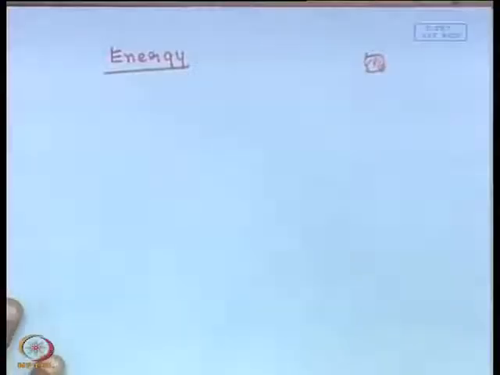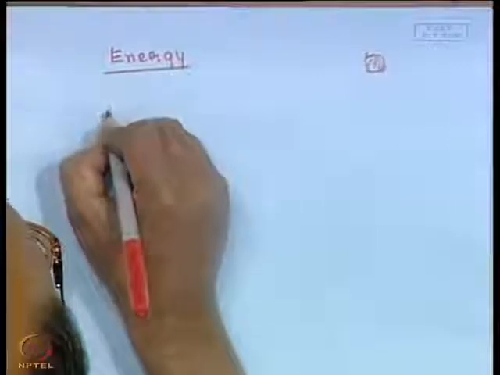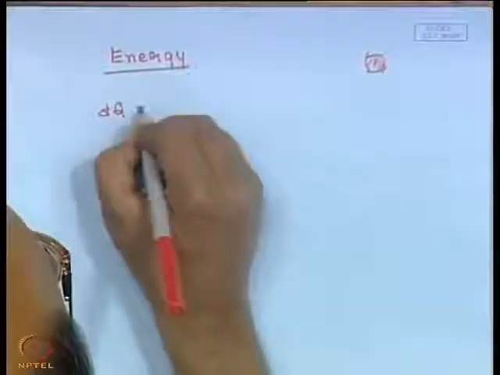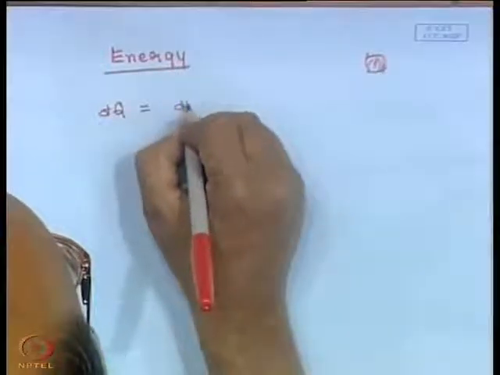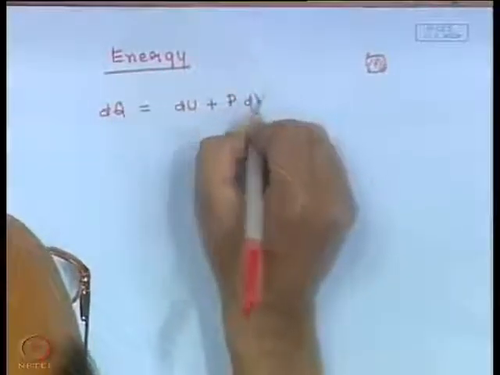and if I compress or rarefy this fluid element, stretch it, then we know that the energy exchange is going to be governed by the first law of thermodynamics, and the first law of thermodynamics tells us that dq is equal to du plus p dv, right.